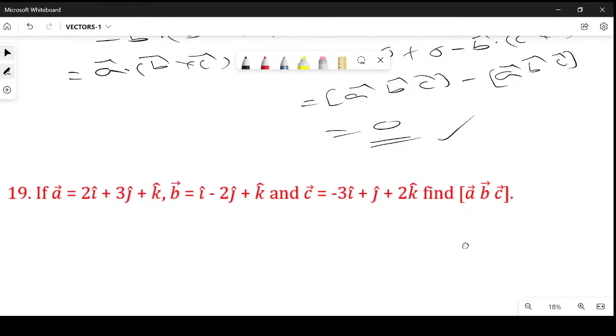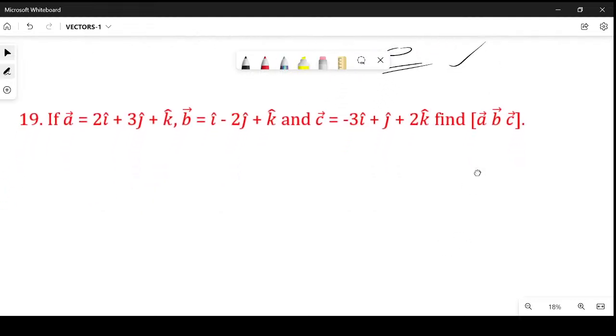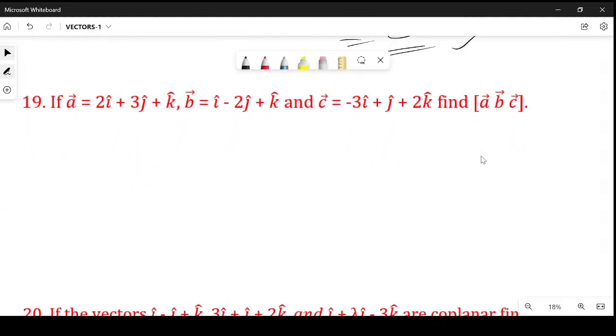See the last problem again, 19th one. They are given a bar, b bar, c bar, and they are asking to find box a bar b bar c bar. What is box a bar b bar c bar?